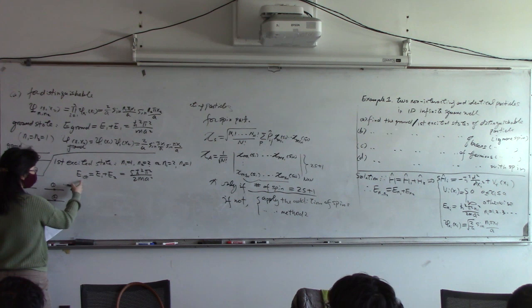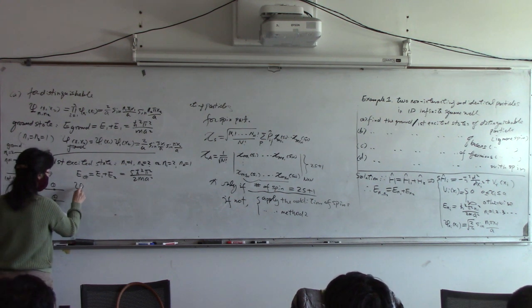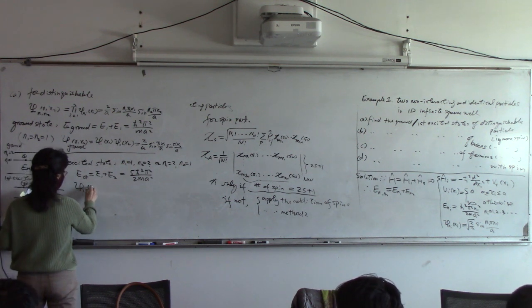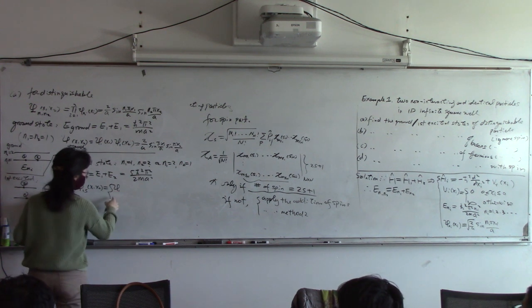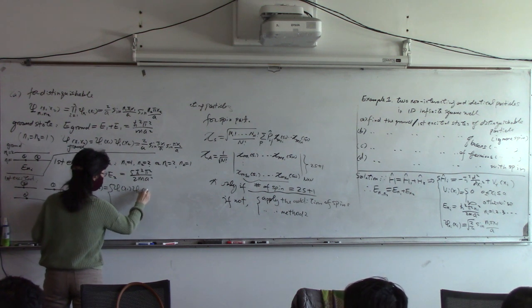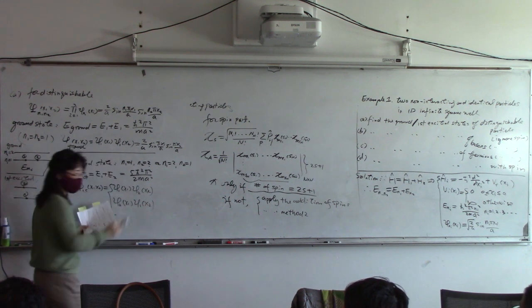Then for the excited states, there are two cases, right? Either the first particle is sin(πx1/a), the second is sin(2πx2/a), or sin(2πx1/a) and sin(πx2/a). There are 2.